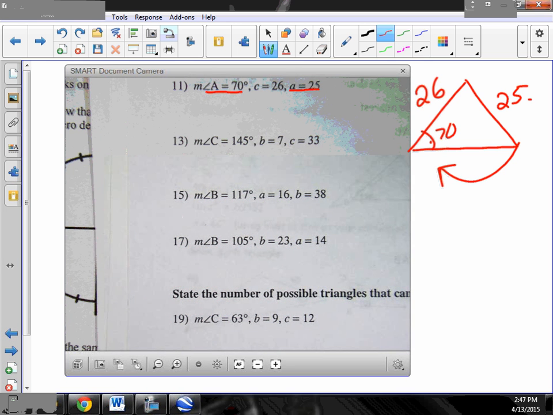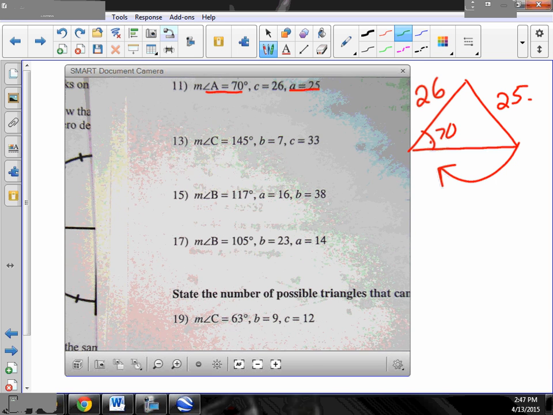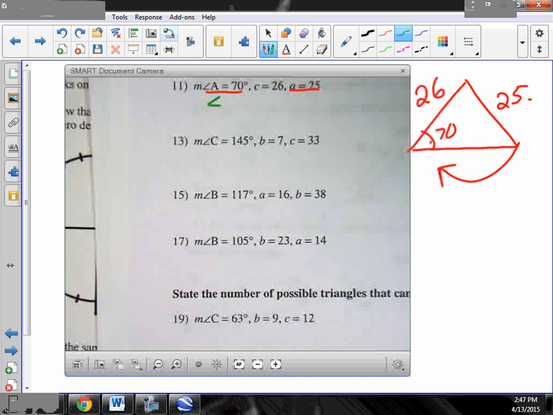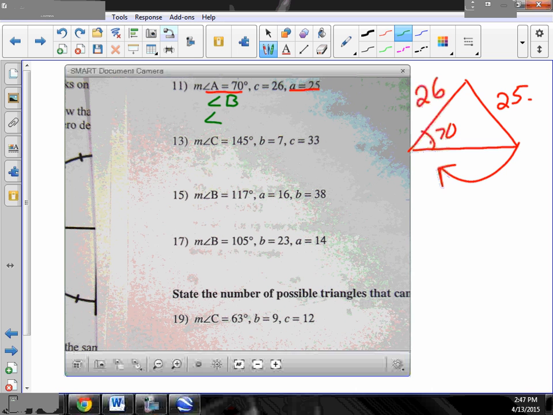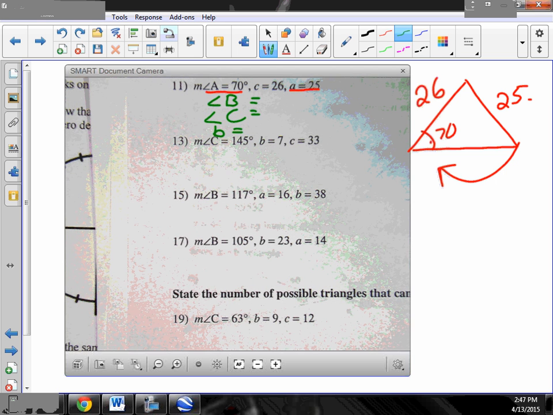So we need to set up the law of sines. But before we do that, what answers do we still need to find? What three missing parts are there? So we're looking for angle B and angle C and side B. Which one can we figure out first? C. Everybody agree?